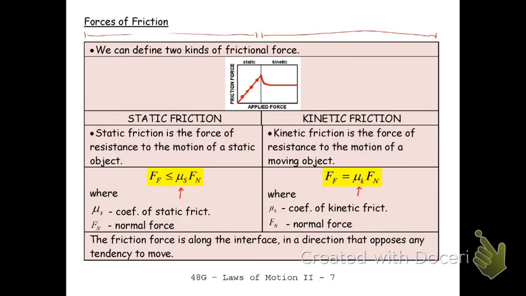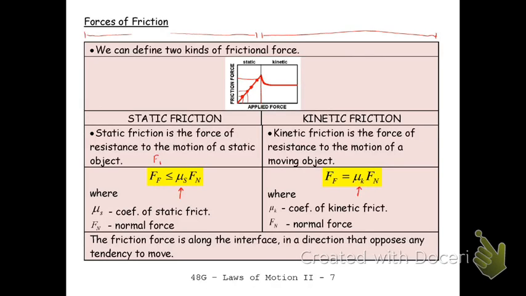So it's not equal to this factor times the normal force, it's less than or equal to this factor times the normal force. If I only push with a little bit, I only get a little bit of friction. If I push a little bit more, I get a little bit more friction, and so on, until I get to this point of slipping. And that's the equals bit.